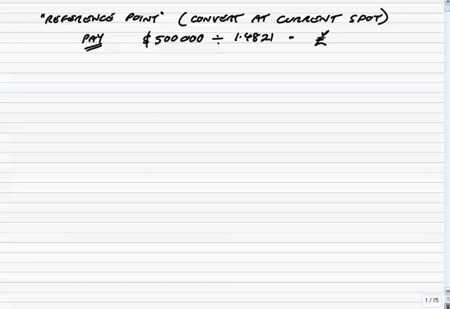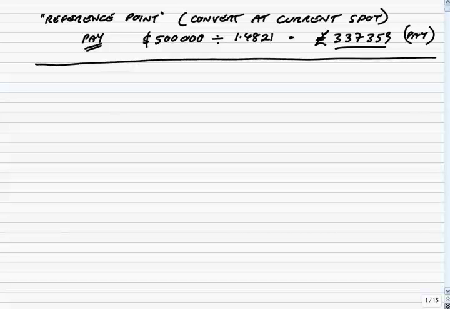And so at today's rate, it would cost us £337,359. It would be a payment. Well, that's just to check back to, but let's now write down what in fact we're going to do today.